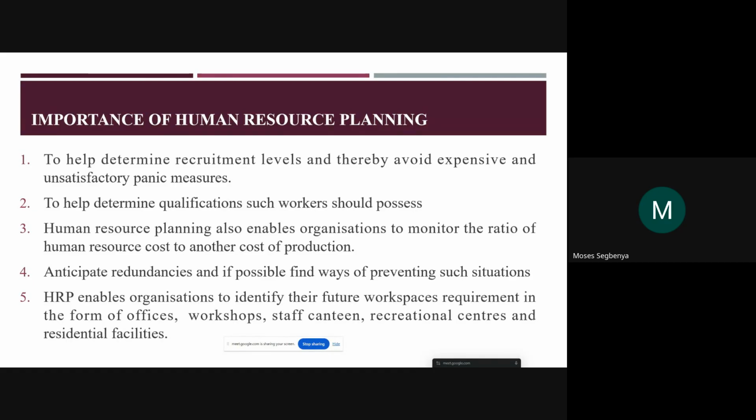HRP enables organizations to identify their future workspace requirements in the form of offices, workshops, staff canteen, recreational centers, and residential facilities. If you are bringing 10 additional teachers on board, and your policy is that you house all your teachers, what it means is that you should be thinking of how you are going to accommodate them.